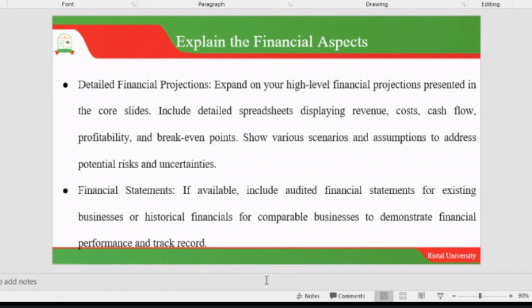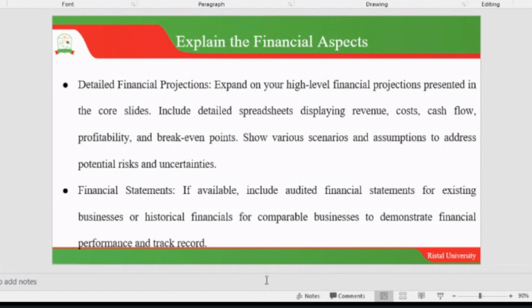How are you going to mitigate such risks and uncertainties? Then we have financial statements. If you have them, include them in your presentation. Okay, so these include audited financial statements for existing businesses, especially if the idea is not so new but you want to expand it, or scale it up.